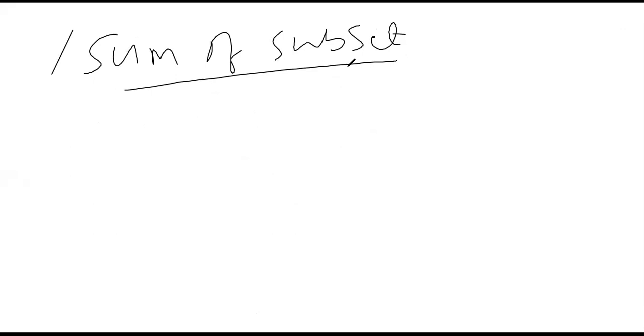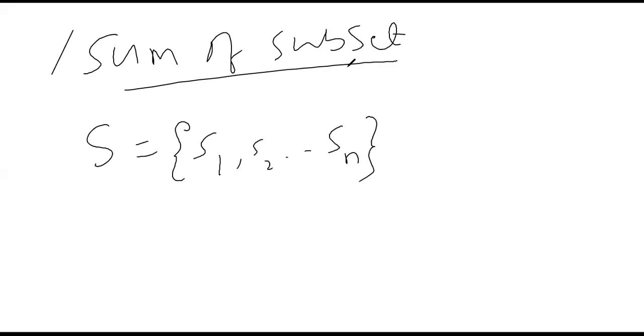That is represented as S equal to S1, S2 till Sn. Okay, so this is a set. Is the screen visible? I hope whatever I am writing is visible for you.